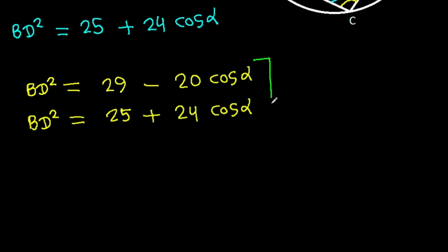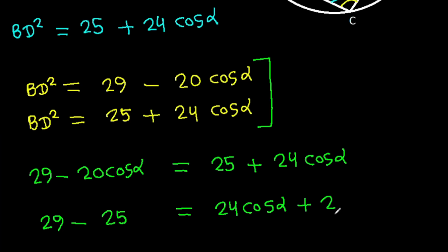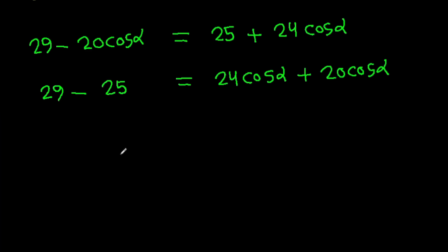So from these two equations we can say that 29 minus 20 cos alpha will be 25 plus 24 cos alpha, and 29 minus 25 will be 24 cos alpha plus 20 cos alpha, and 4 is equal to 44 cos alpha.